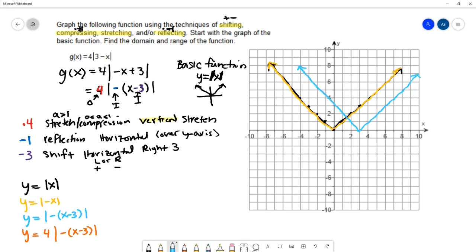And we get this graph in the light blue. And then I want to multiply by a factor of 4, stretch out the graph by a factor of 4. So instead of this going up to 1, it's going to multiply by 4. And we get this vertically stretched graph here. So that gives us the graph of g of x equals 4 times the absolute value of 3 minus x.